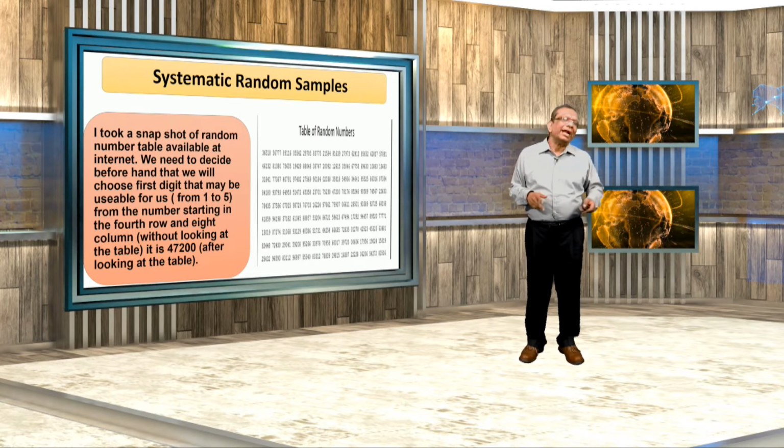Therefore, randomly we will take a number starting in the 4th row and in the 8th column without looking at the table. Then we look at it and we get the number 47200.